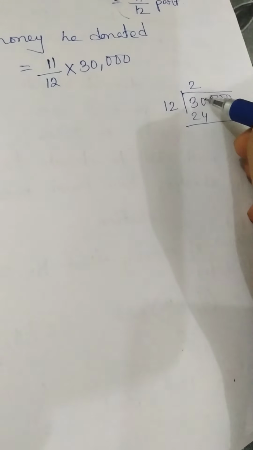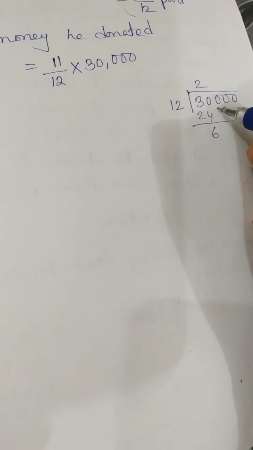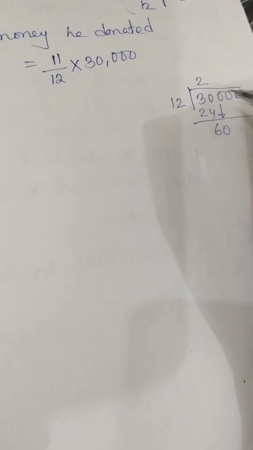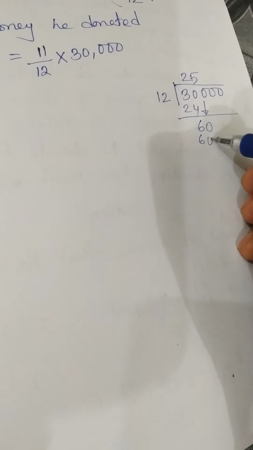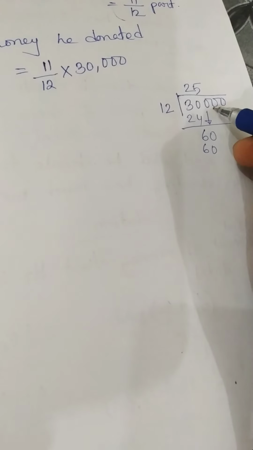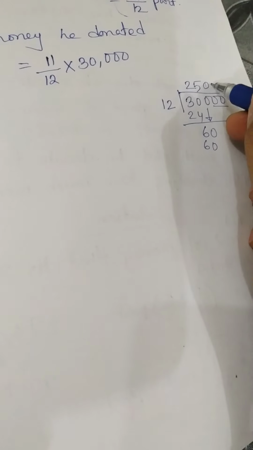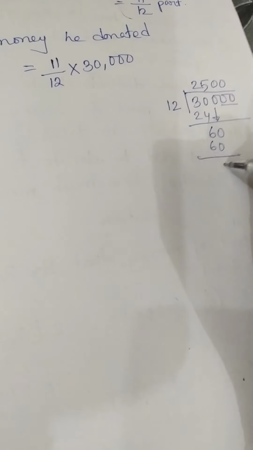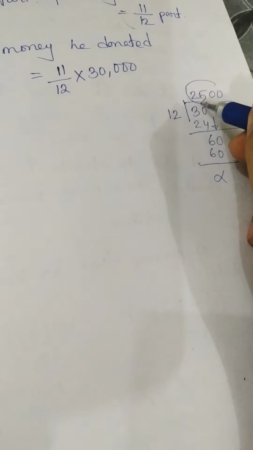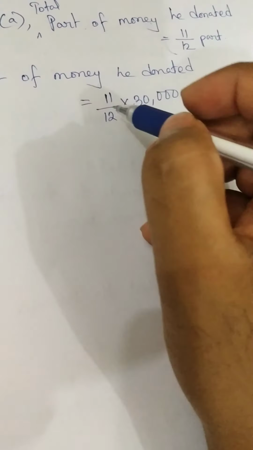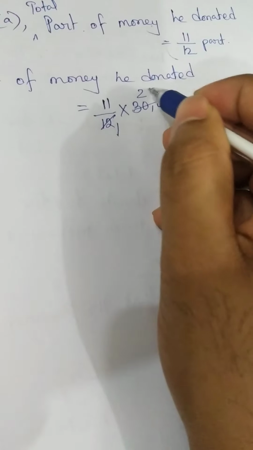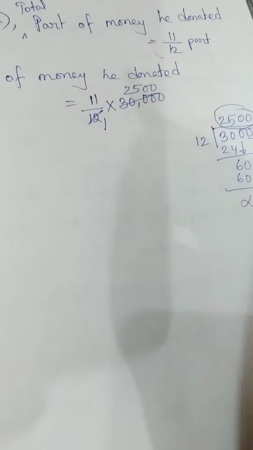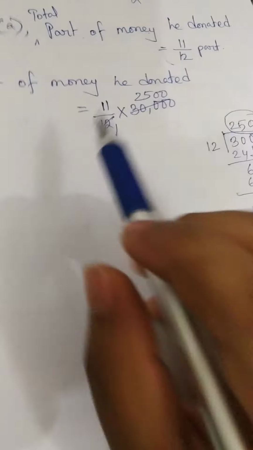Yeah, I think we can divide. So 10 minus 4 is 6. Then 0 comes down. 12 5s are 60. Then these two zeros go up. Okay. So what is the answer? 2,500. So we can write 12 ones are 12. 12 into 2,500 equals 30,000.